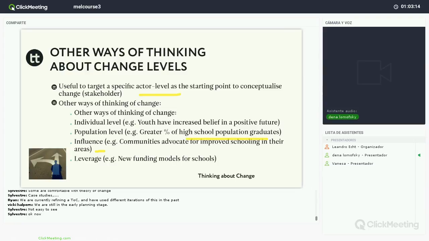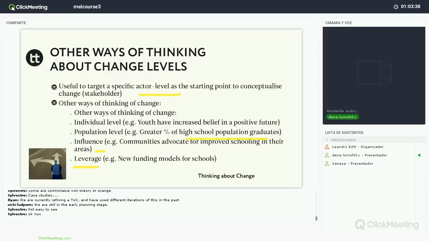For example, one organization here is using social auditing as a means of saying to the government, look, the services that you're providing are not working for us. So are you creating local level influence? Or are you wanting to help people get more funding or leverage, or different ways of getting money into the system, or some kind of power shift? So there are different ways of thinking about change.